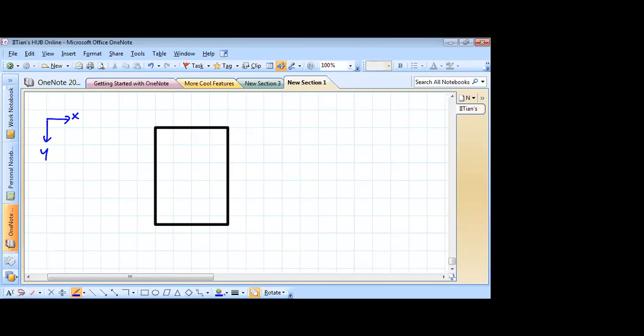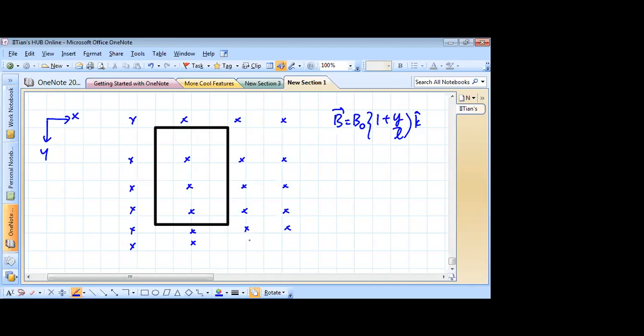So the magnetic field that we've written, which was B naught (1 plus y by L) k cap, those magnetic field lines will be looking like this, going into the plane, and the density of the magnetic field lines is increasing as you go down because the y coordinate is increasing. So it's something like this.